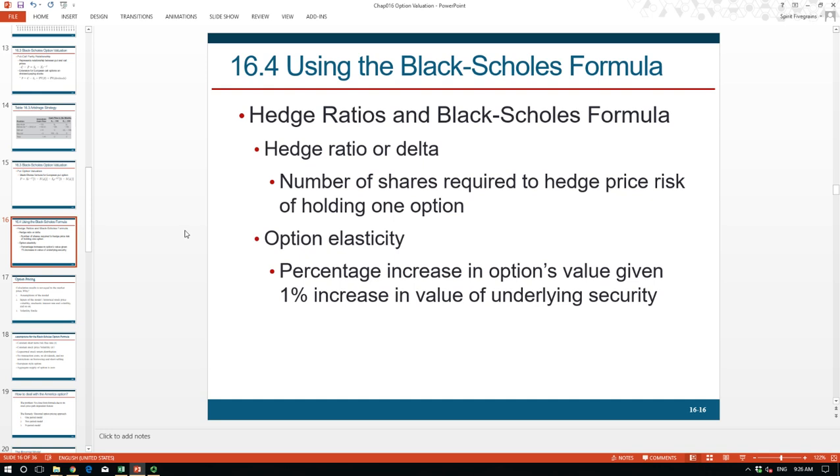We call this delta. It measures the sensitivity of option price against stock price movement. So this is a very important variable that option traders pay a lot of attention to. The hedge ratio, delta, N(d1), the probability that the option will be in the money, they are the same thing.